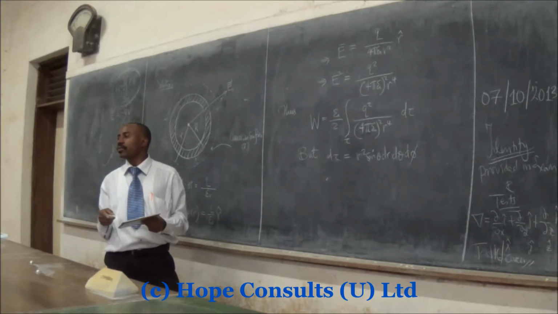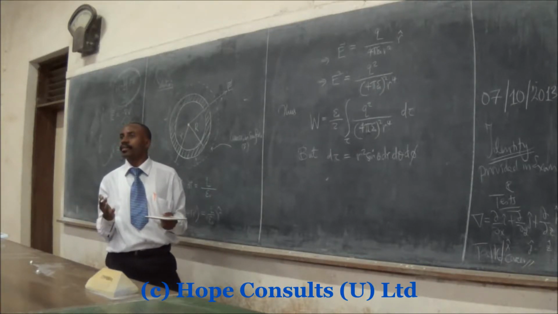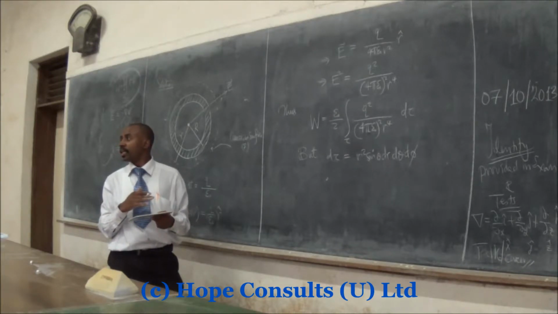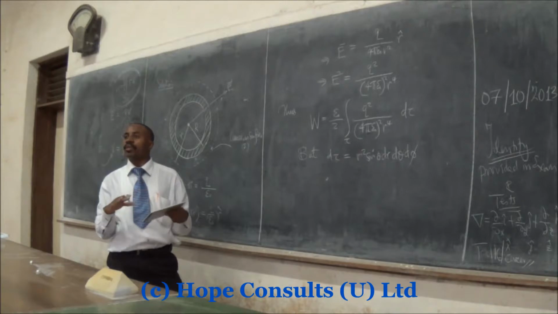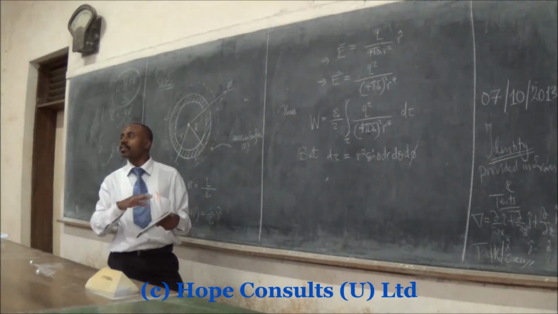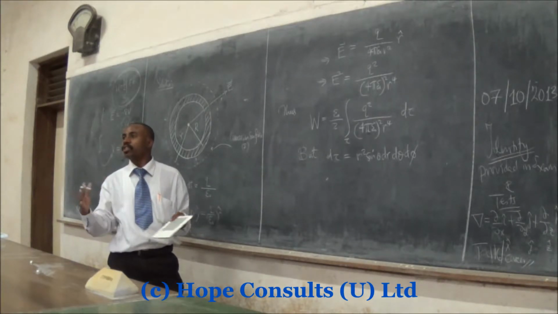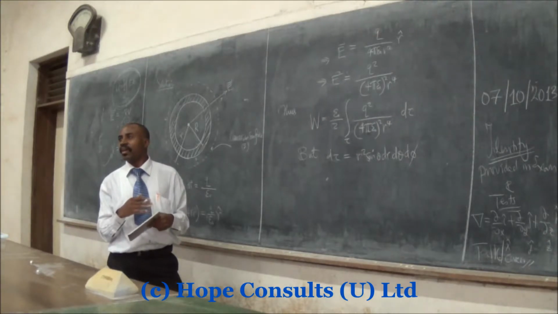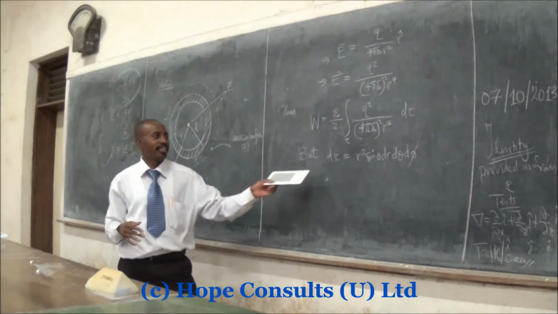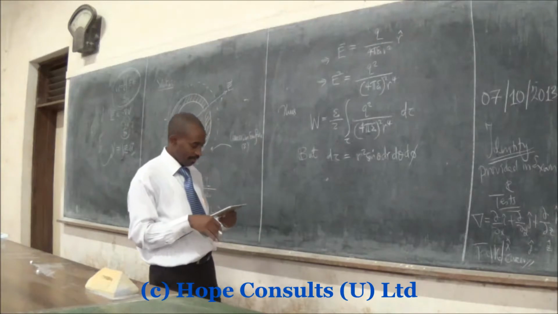In the brief you can photocopy that first page and last page. I'll always give them in the exam. You don't need to cram that d tau is this, it will be given in the exam.